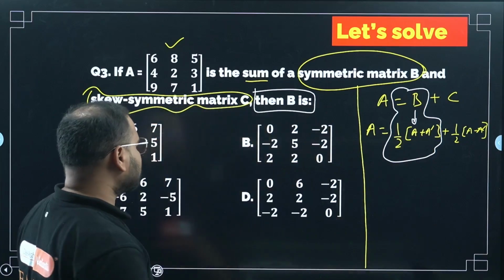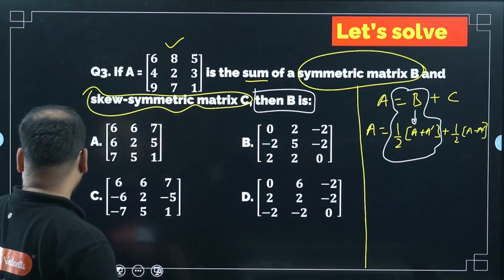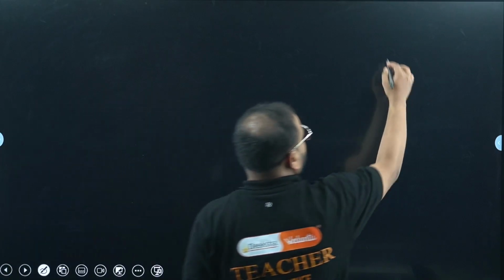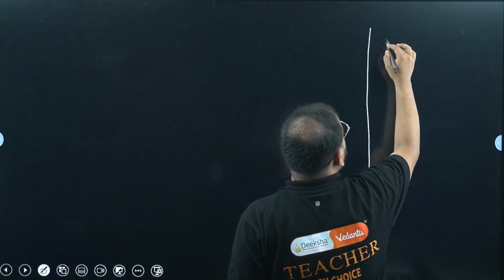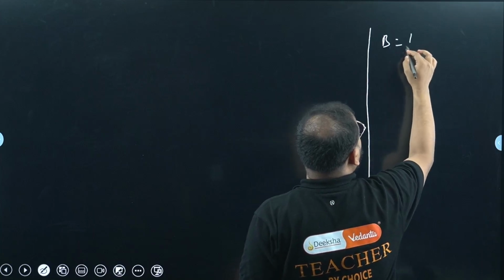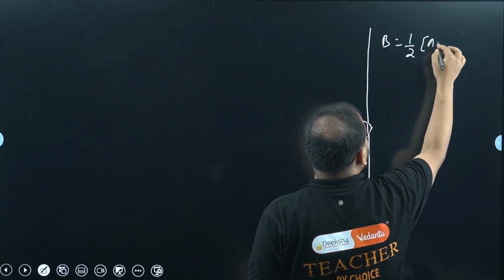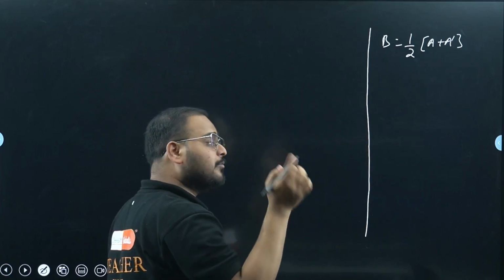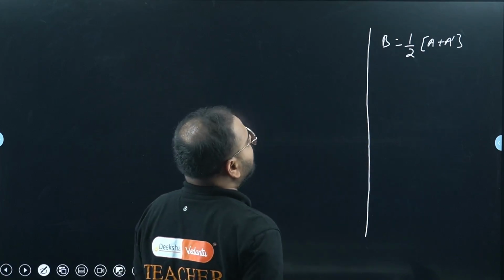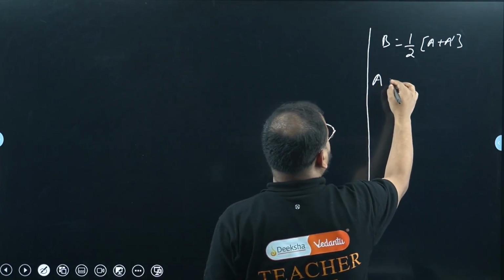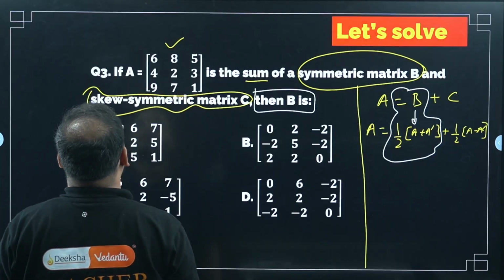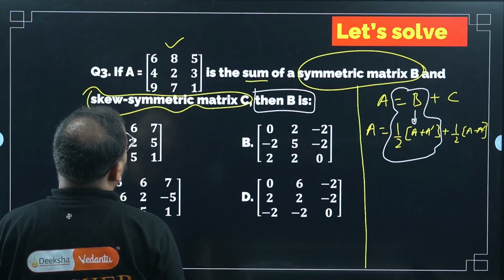So B is equal to half of A plus A transpose, and that's what they're asking us to find, the B value. Let's quickly write the matrix A. What is the matrix A? 6, 8, 5, 4, 2, 3.